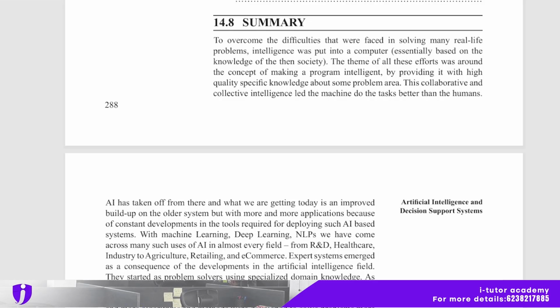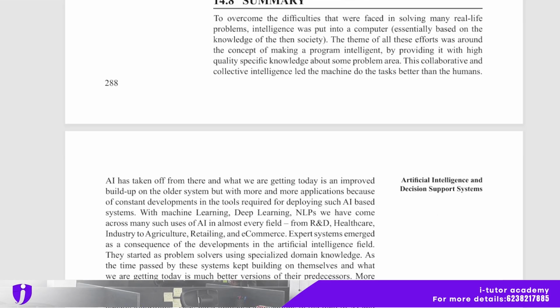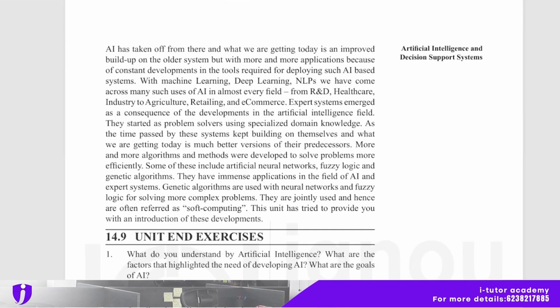This collaborative and collective intelligence let the machine do the task better than the humans, and AI has taken off from there, and what we are getting today is an improved build up on the older system, but with more and more applications because of constant development in the tools required for deploying such AI based systems.